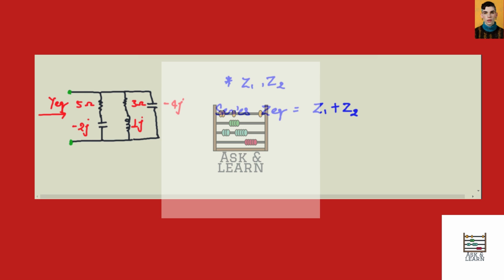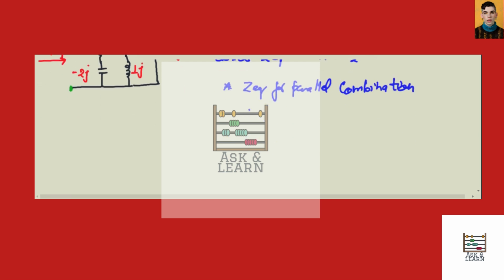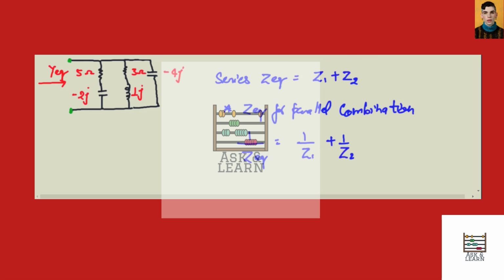The second point: if we are going to find the Z equivalent for a parallel combination, then, letting the equivalent be Zeq, 1 upon Zeq is equal to 1 upon Z1 plus 1 upon Z2. These two points should be taken care of before starting such problems.